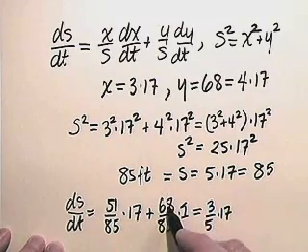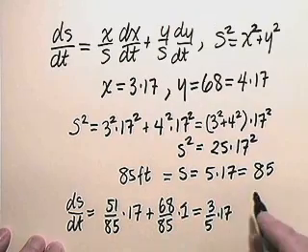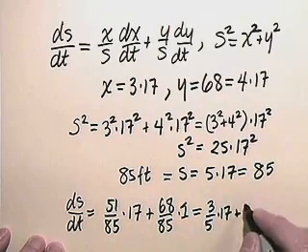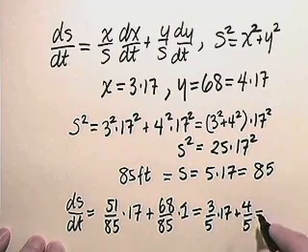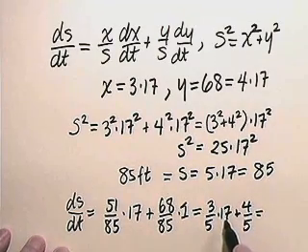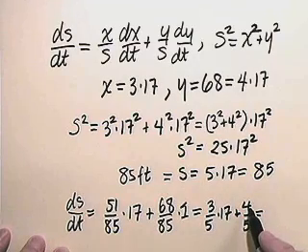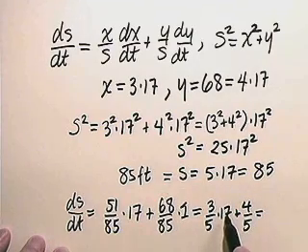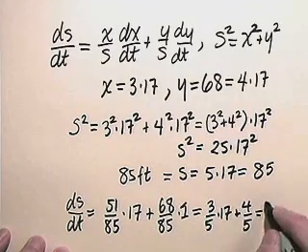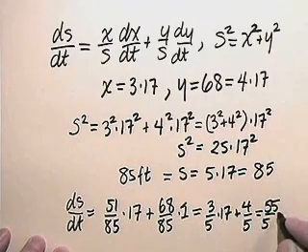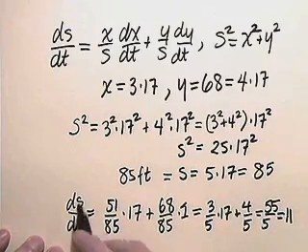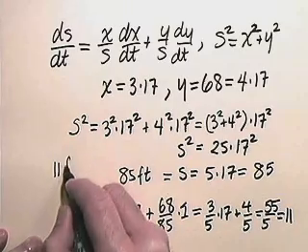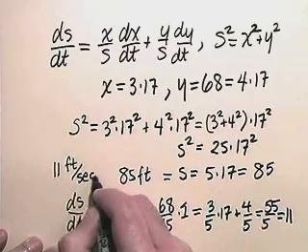The 68 is 4 times 17, the 85 is 5 times 17, so this is 4/5. And so we have 3 times 17 plus 4. 3 times 17 is 51, and 4 is 55, so we have 55/5, which is simply 11. So that means ds dt finally is just 11 feet per second.